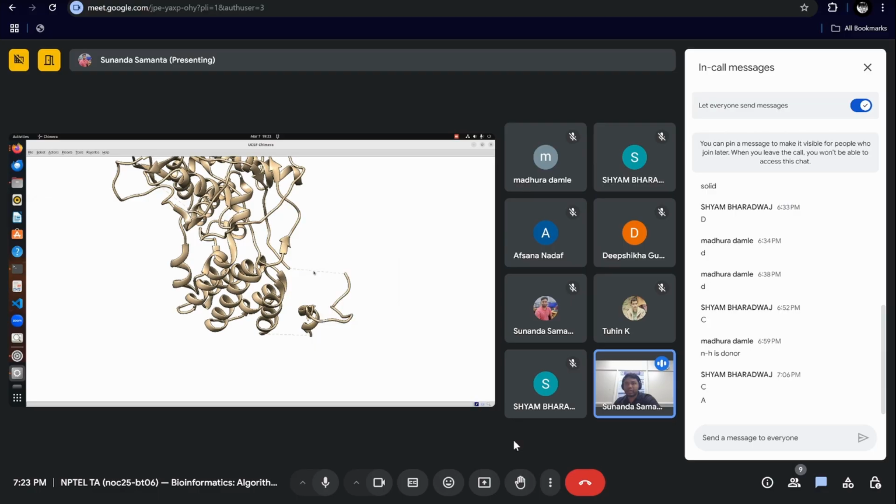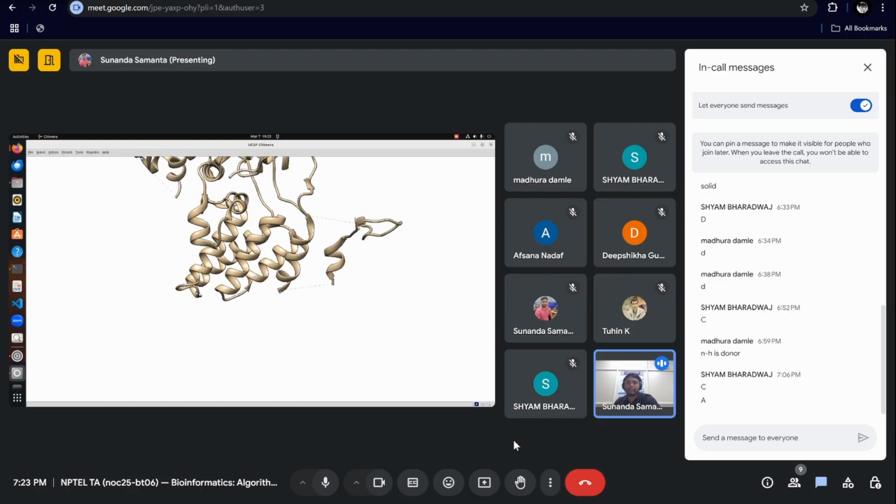I am seeing one here between threonine 396 and serine 402. Another one is here, for example, serine 438 and alanine 428. So between 438 and 428, that 10 residue part also seems to be missing here.